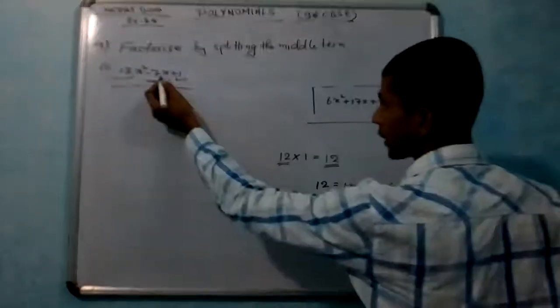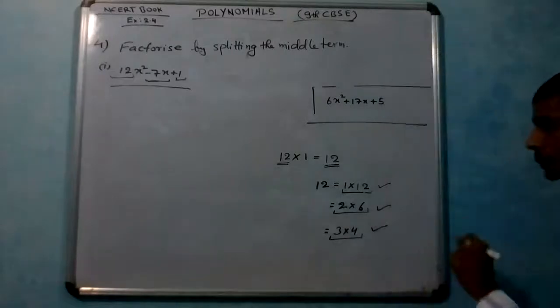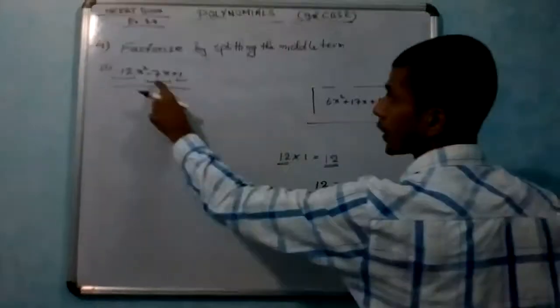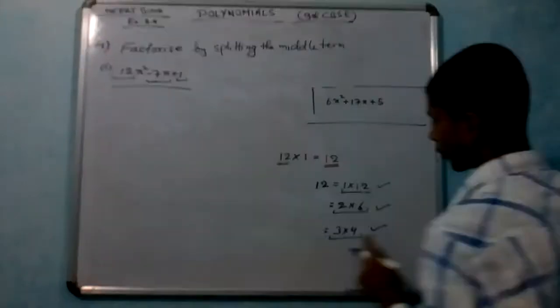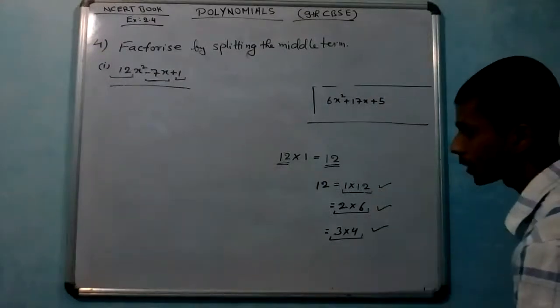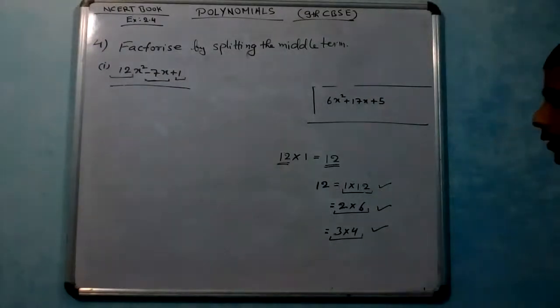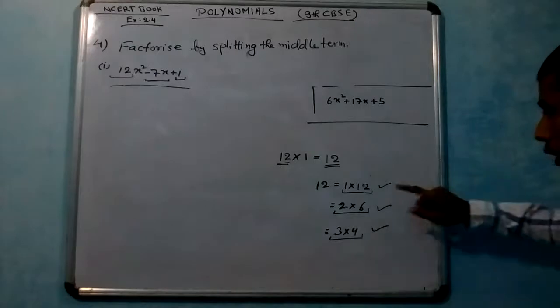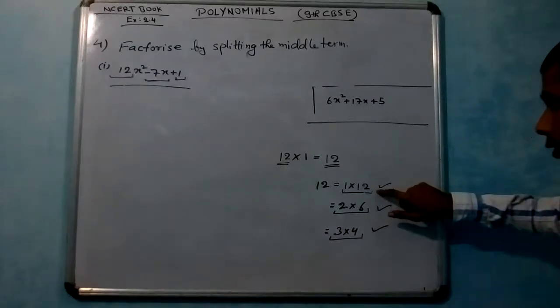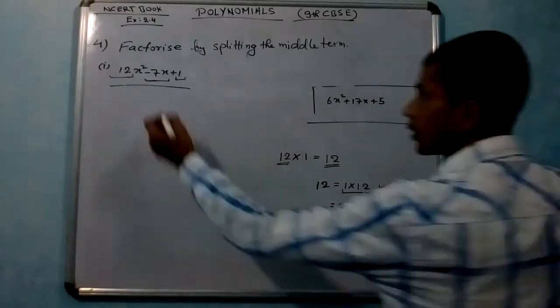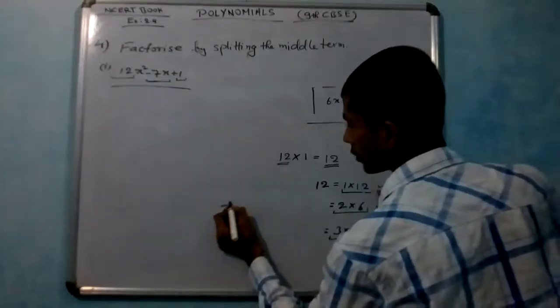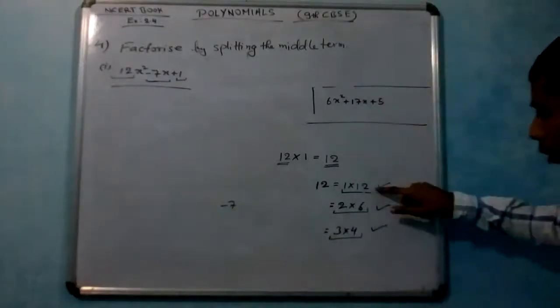We want to split this minus 7x. Which pair? So it depends. How to get minus 7 from these 1, 2 and 3 pairs? Please don't go ahead. Listen to my words and be focused here. I want minus 7 from any of the three pairs.